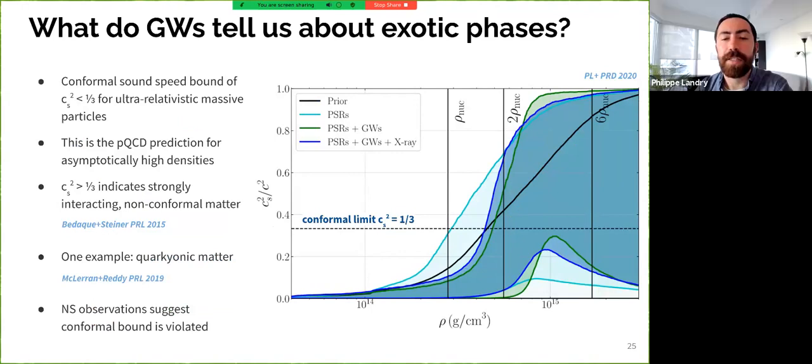Yeah, that's correct. It's not just for the handful of equations of state that people use, but if you take either a parametric or a non-parametric model that's built out of those to resemble them, but explores a broader range of the prior space for equations of state, the bulk of them, after you condition on observations, do violate that limit.